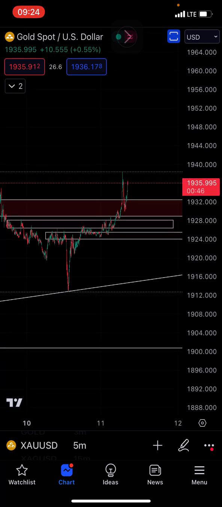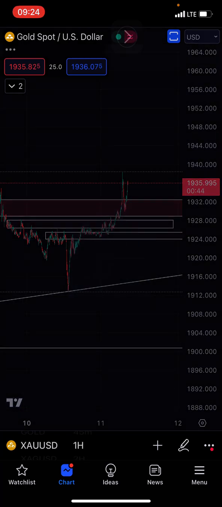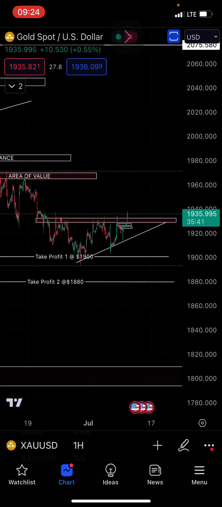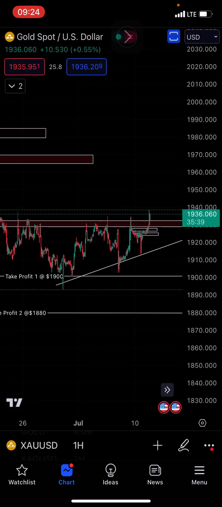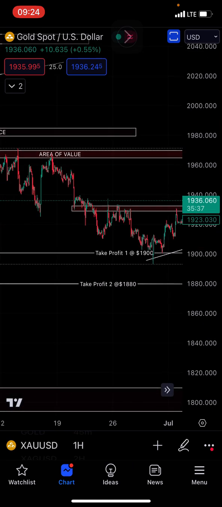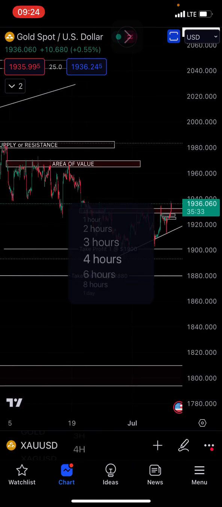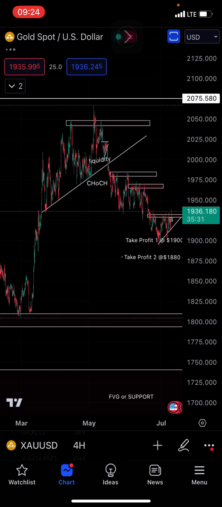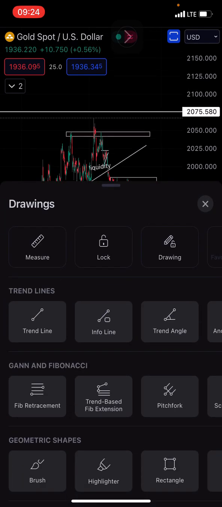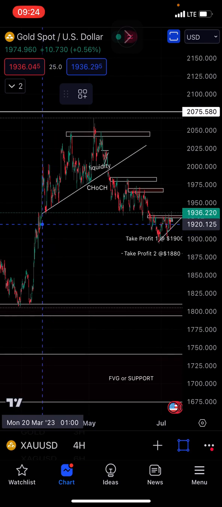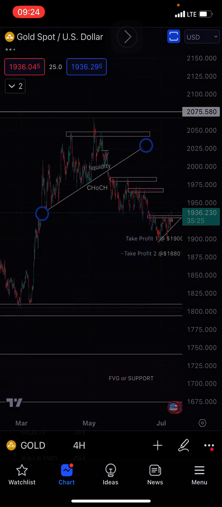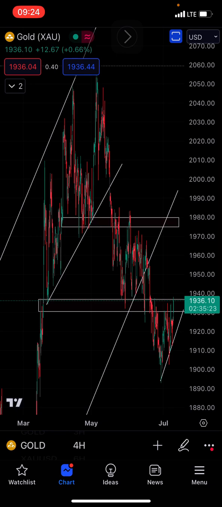So if I come back to maybe my 1 hour chart, you can see that gold has been holding this previous, okay, let me go to the hourly chart. I told you that this was what caused the major break of structure. Hold on, maybe I should find the chart. Where is that chart?